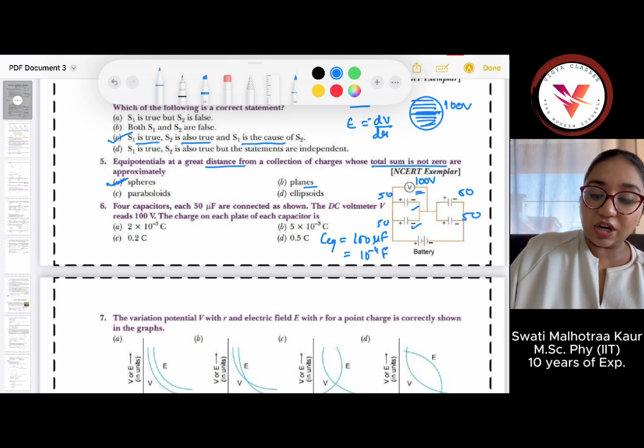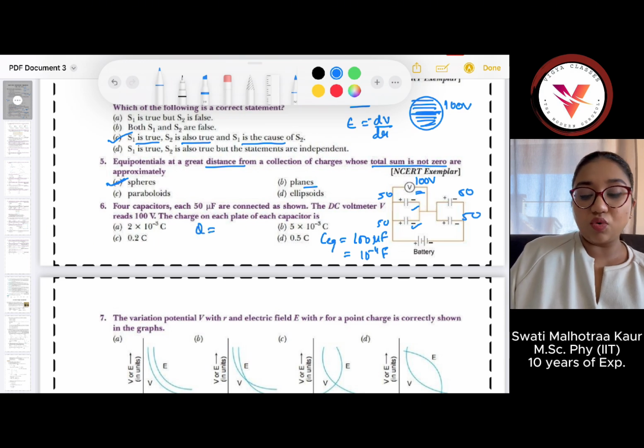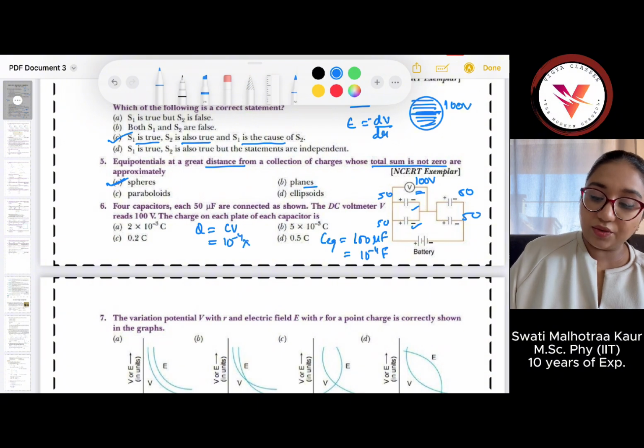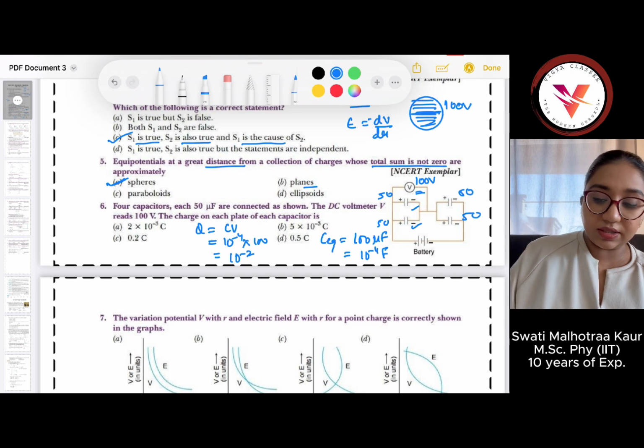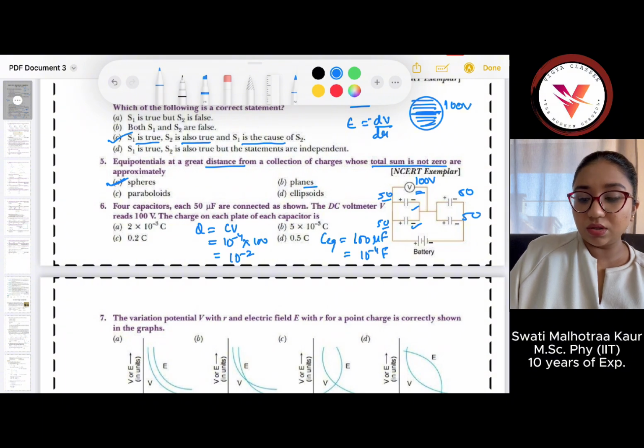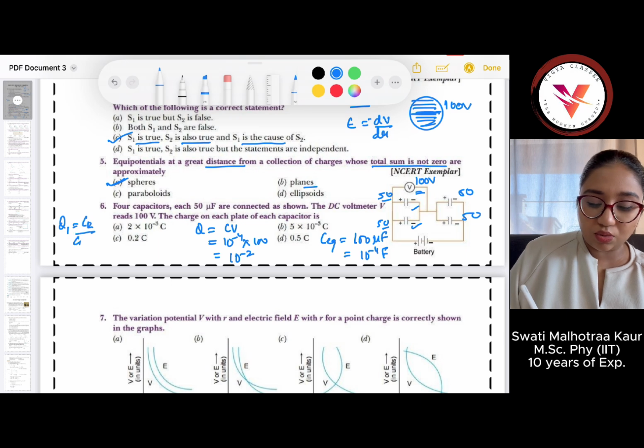Now if V is the voltage, then total Q here is what? CV, that is 10 raised to the power minus 4, and V is what? 100. So this becomes 10 raised to the power minus 2. So total charge on these is this. The charge on one is, since the capacitors are equal, the charge can be divided equally on both the capacitors, or you can get Q1 by C2 over C1 plus C2 into total charge.